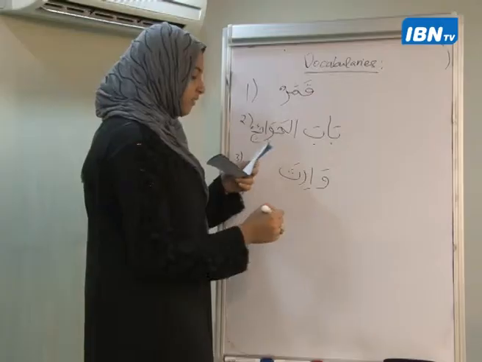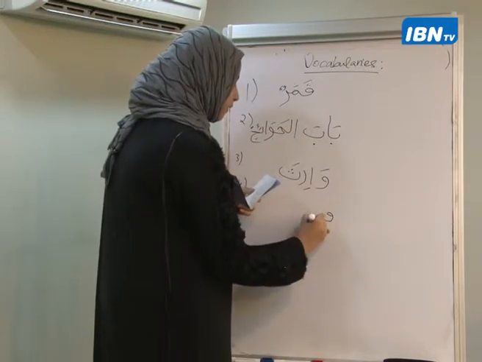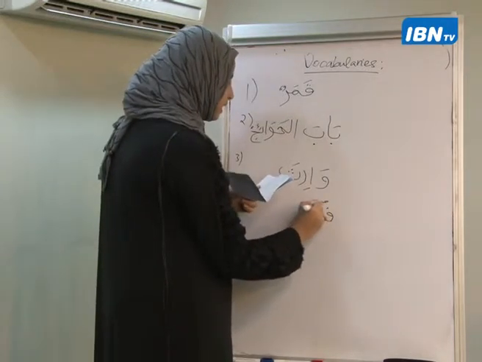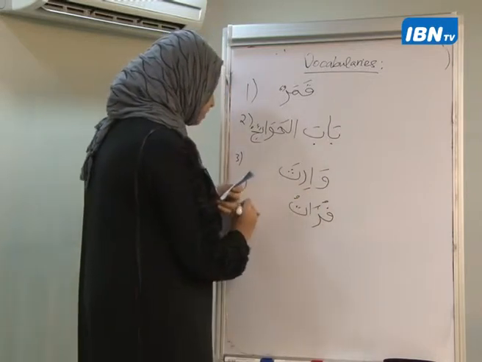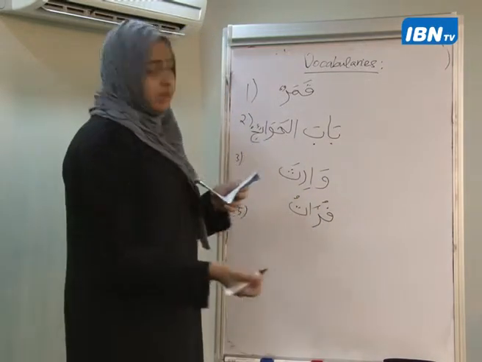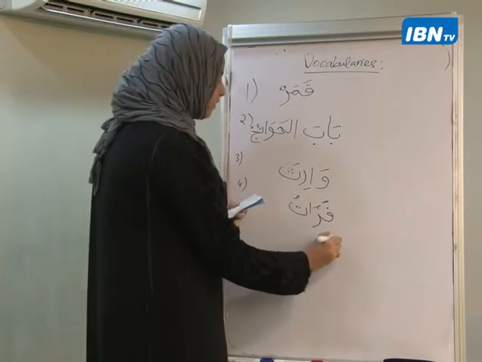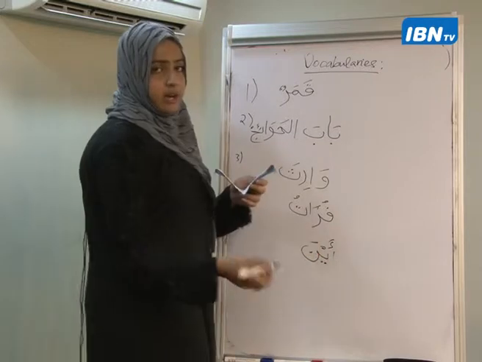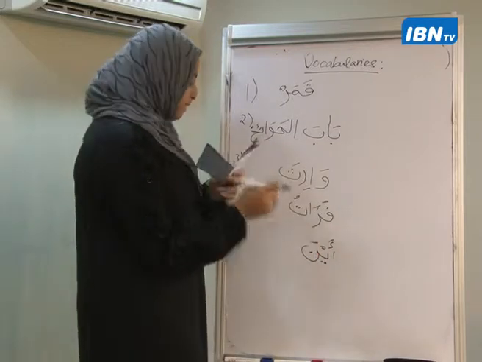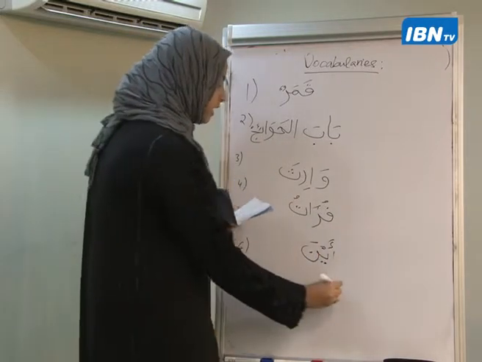Then we have the word Furat. Of course, you all know what Furat is, right? It's the river Euphrates. Then we have Aina. Aina is also a form of interrogation. It means where, Aina. Okay, then we have Akhi.